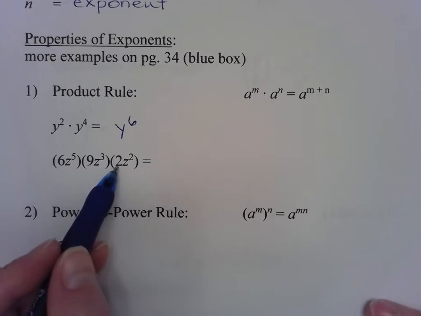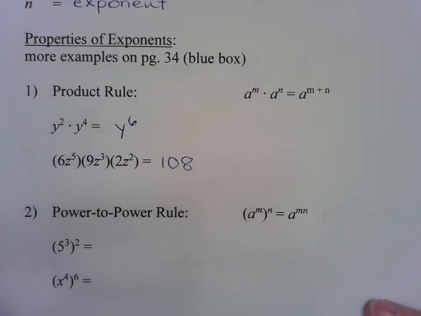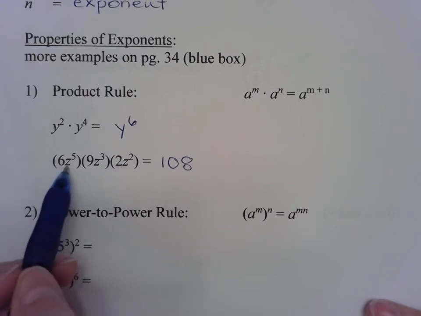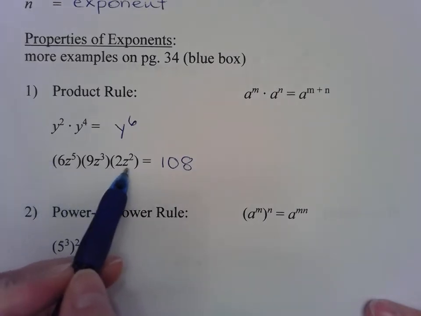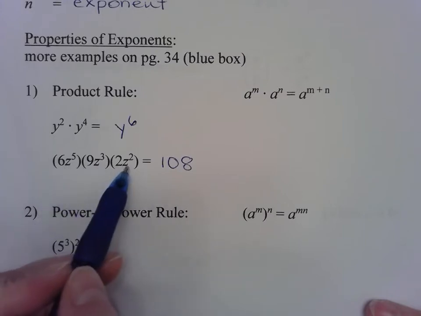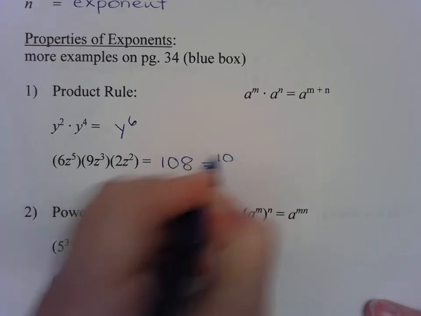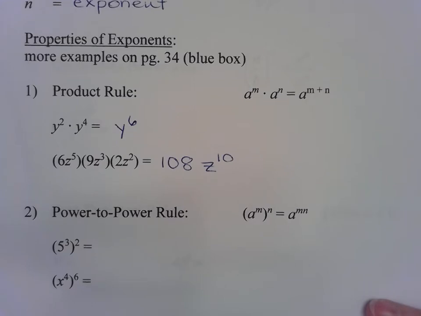And then multiply that by 2, should give us 108. And then all of these are z's, so we can combine them together by using this property. I have 5, I have 3 more would make 8, plus 2 more would make 10 z's all together. Okay, and that's called the product rule.